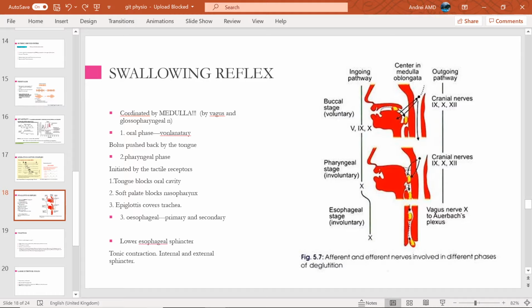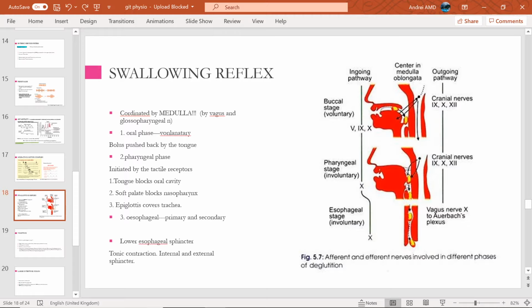And in the pharyngeal phase, this is where the tactile receptors are. Tactile means it has receptors that know that you touched something. They know that the food is there, and it covers the trachea with the epiglottis.